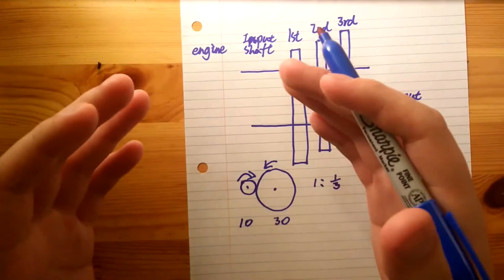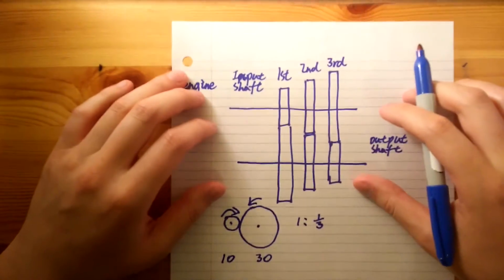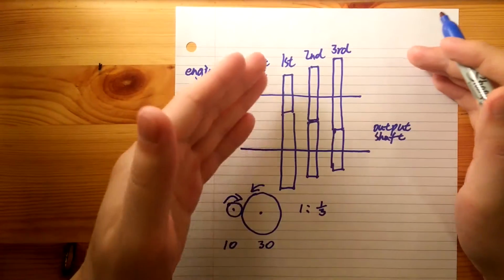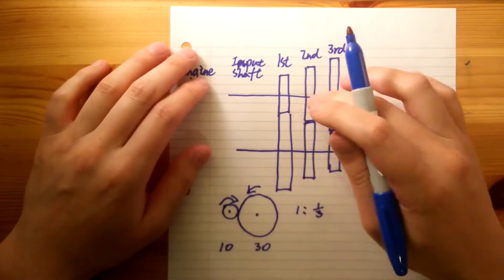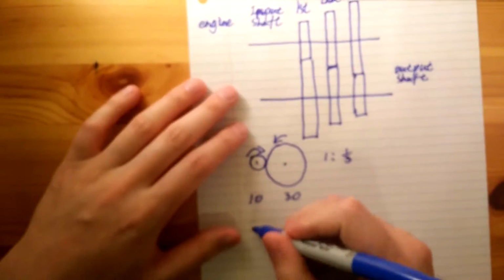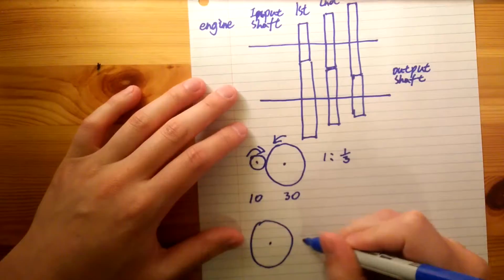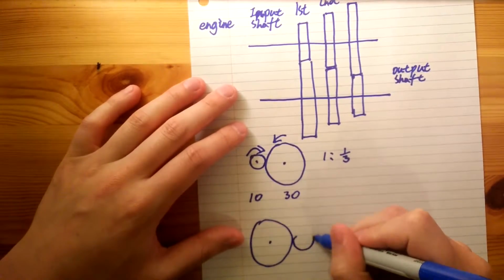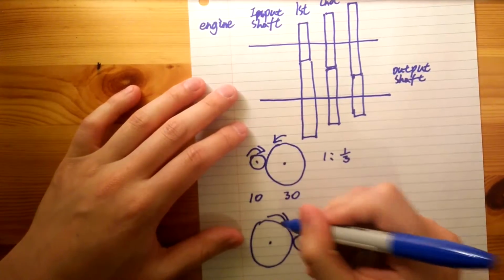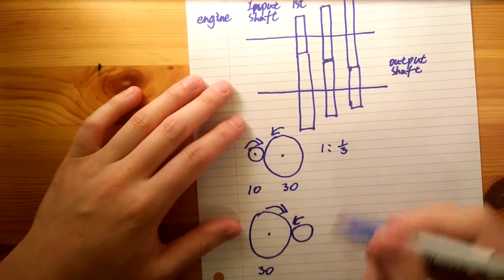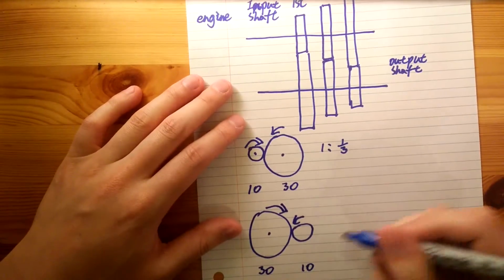So as the vehicle picks up on its speed, we can then switch gears from first to second, and then from second to third. So when we are in the third gear, now we have a large gear driving a smaller gear. Let's assume there are 30 teeth on the large gear and 10 teeth on the smaller gear.